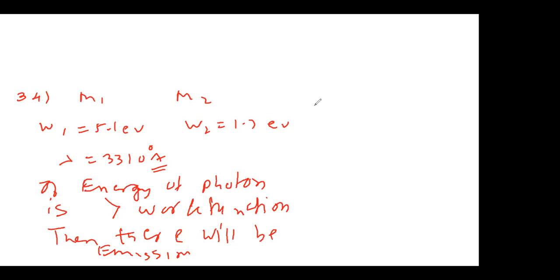Then there will be emission, since energy of photon equals hc upon lambda. See, remember you divide this by e, so this will become electron volt. Energy of photon is hc upon e lambda in electron volt.